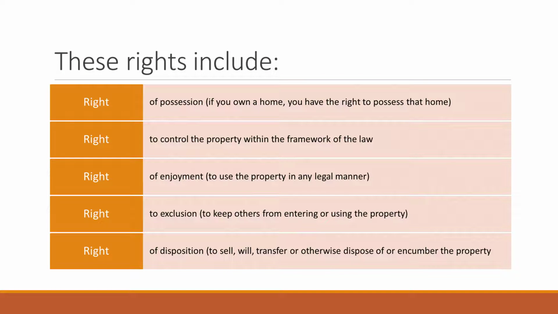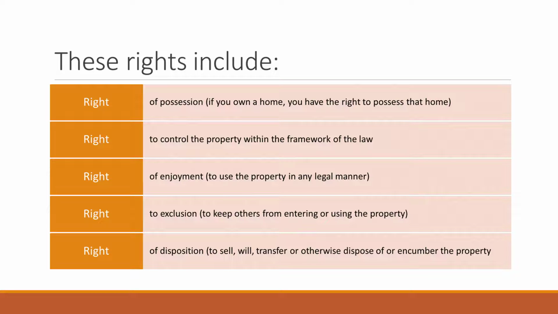And to explain that, the first legal right of ownership is the right of possession. If you own a home, you have the right to possess that home, obviously. But do you not also have the right to move out of that home and rent that home to a tenant? You have given up the right of possession without giving up the other rights of ownership. You've individually transferred that one right.